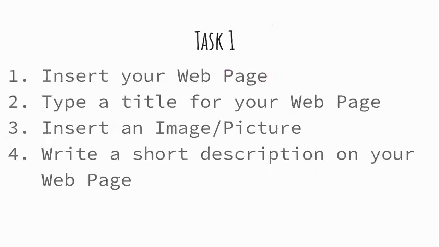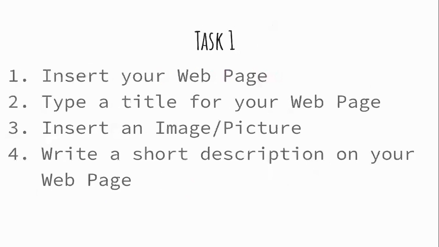So the first one is to insert your web page. After you insert your web page, you're going to type the title for your web page. Then you're going to insert an image or picture on the banner of your web page. The banner is where the title is.